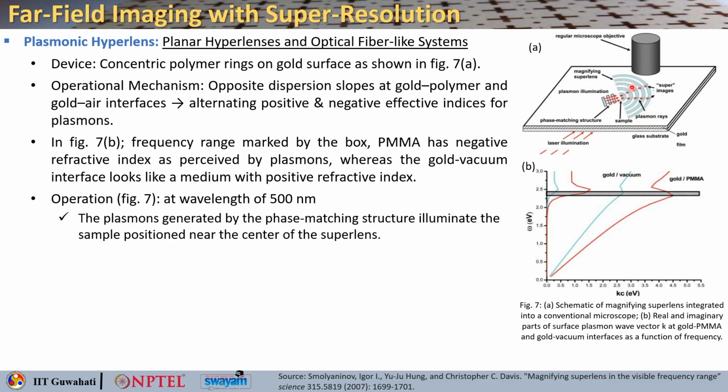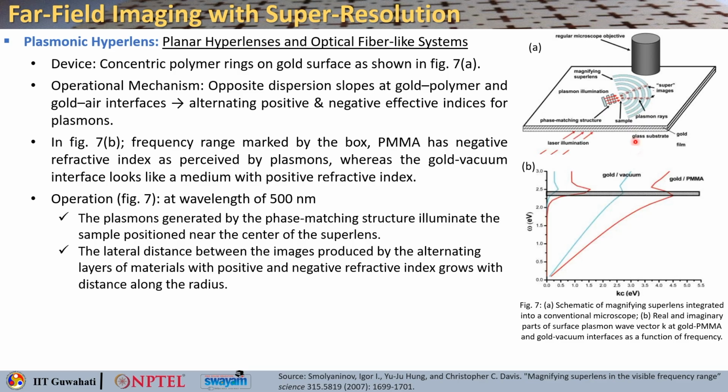So, this is your magnifying superlens, okay, and the lateral distance between the images that are produced by these alternating layers of materials of positive and negative refractive index grows with distance. So, the separation will grow along the radius, and they will be now here.